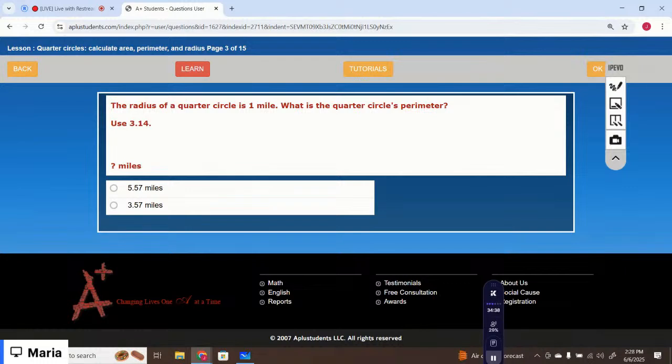The radius of the quarter circle is 1 pi. What is the quarter circle's perimeter? So which is the correct option? That is 3.57, right?